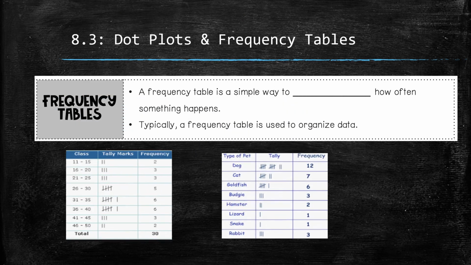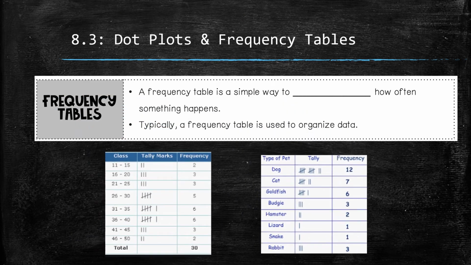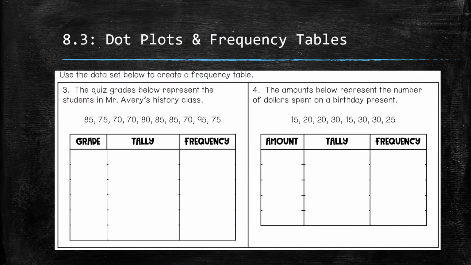Frequency tables are a great way to collect and organize data. Frequency tables are a simple way that give you that display of how often something occurs, so that frequency. Number 3, the quiz grades below represent the students in Mr. Avery's history class. And we're going to use this data to create a frequency chart.